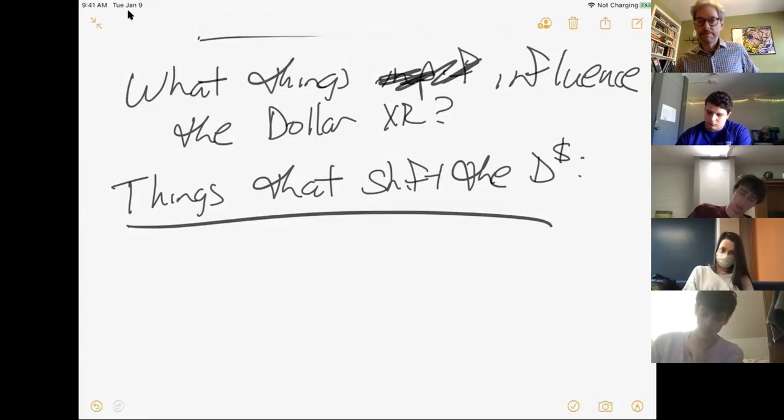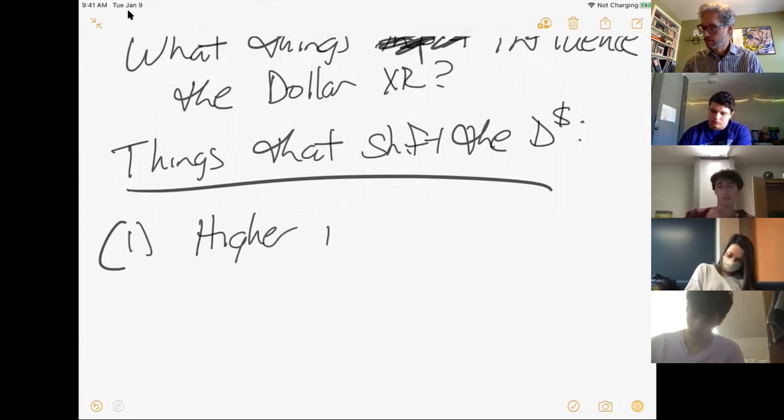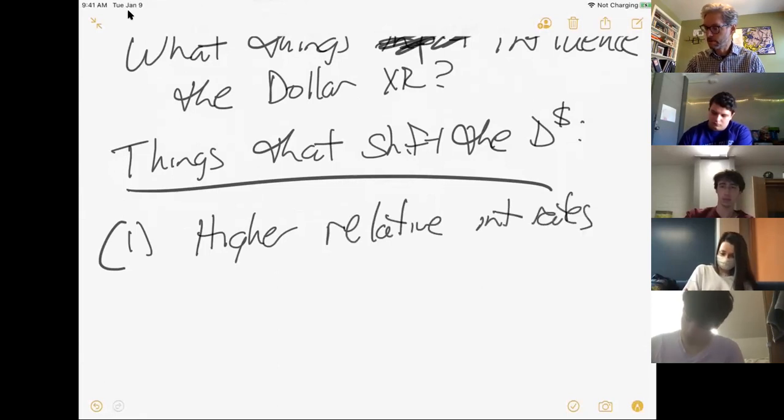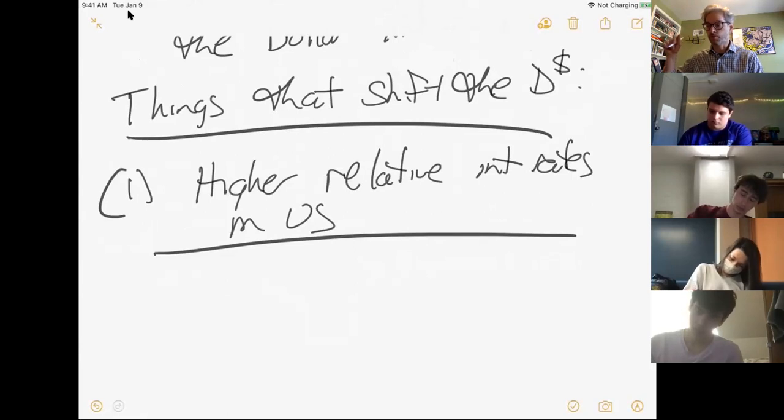So let's talk about some of the things that shift the demand for dollars. One of the things that shifts the demand for dollars is clearly interest rates, interest rates in the US relative to other countries.